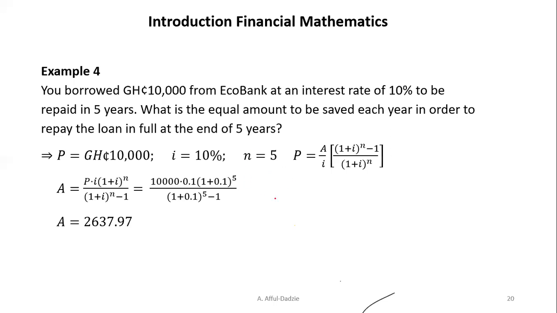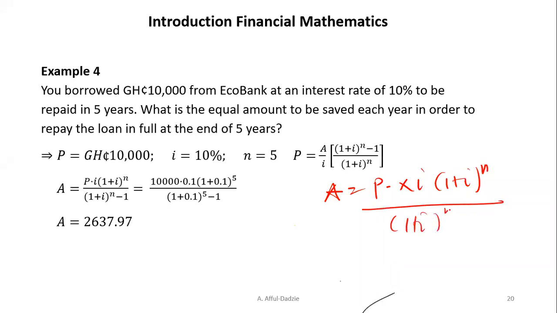All right. So here it is easy. Just substitute what you have into the expression, solve for it. Whatever you need will come out on itself. However, if you want a formula for this, then the idea is that we would have A equals P times I times 1 plus I to the power n, all over 1 plus I to the power n minus 1.